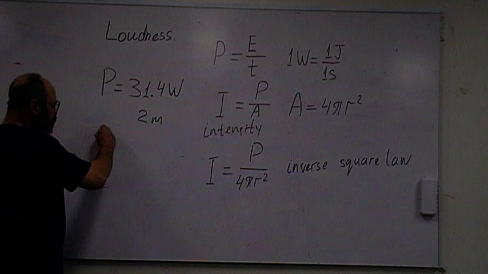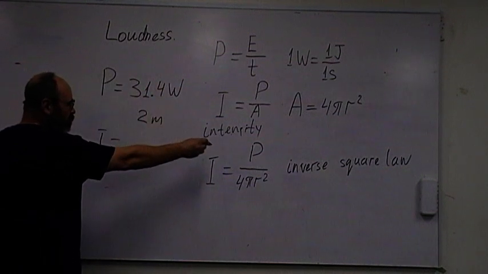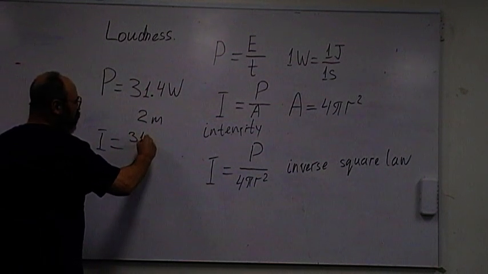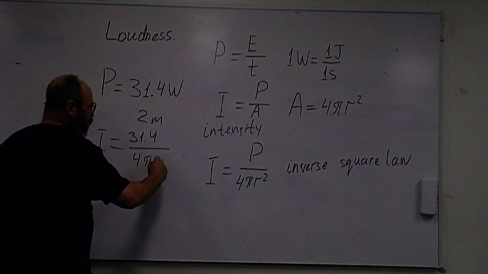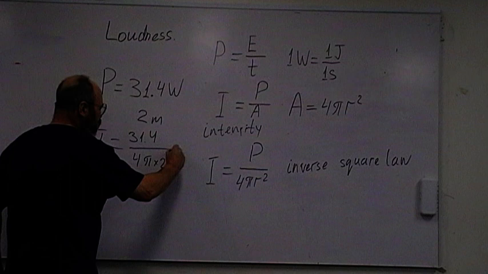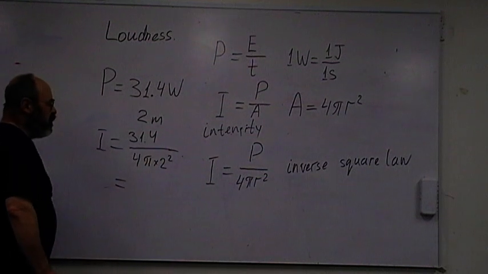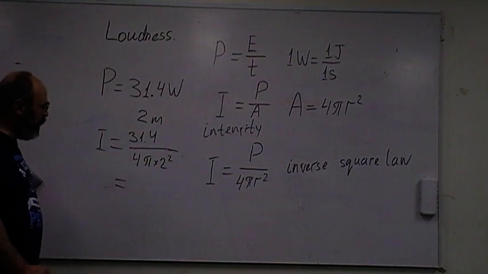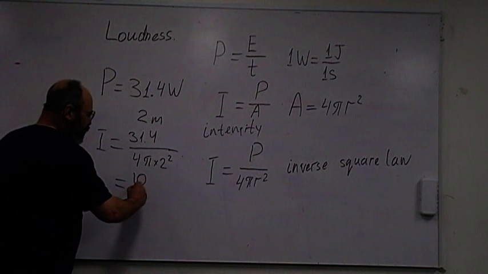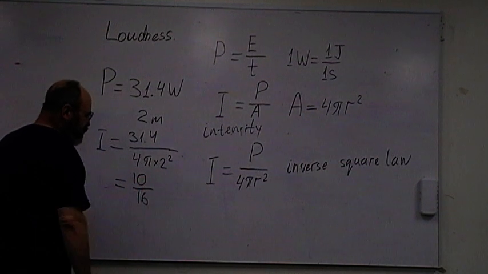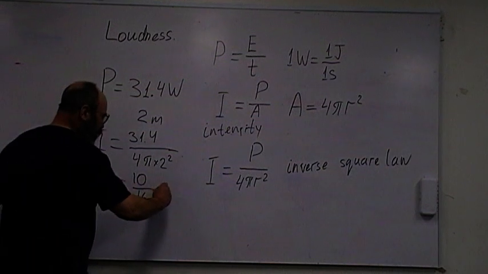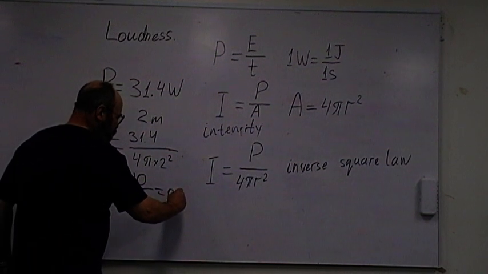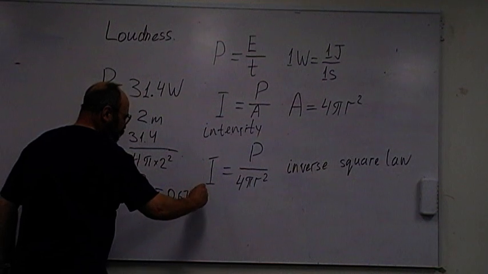So intensity equals power, 31.4, divided by 4 pi times 2 squared. Pi is 3.14, so it will be 10 divided by 16, which will be 0.625.